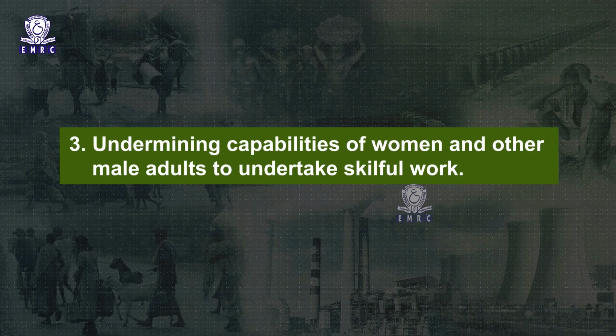With allotment of land to the adult male in the family, the women were deprived of their right to own land, and they were also deprived of recognition as earning members of the family, who in turn worked for a long period of time in the fields and contributed more than half of the total income in the family, undermining capabilities of women and other male adults to undertake skillful work.